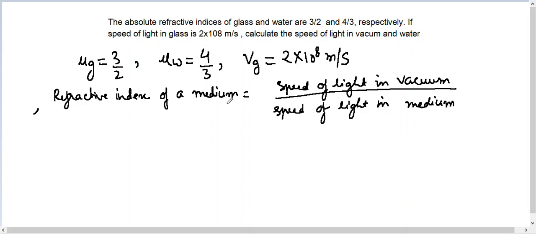Please remember that the refractive index of medium, that is this medium and this medium, should be the same, and here it should always be vacuum.